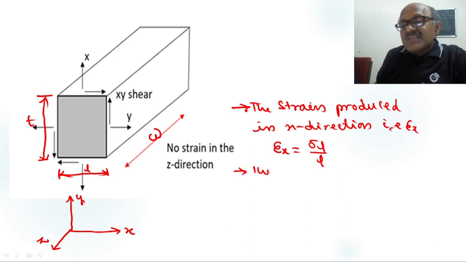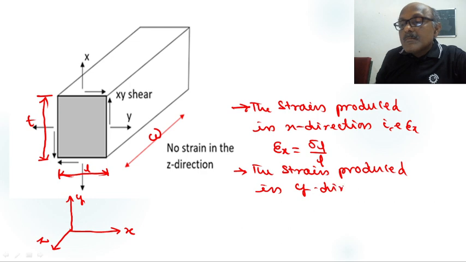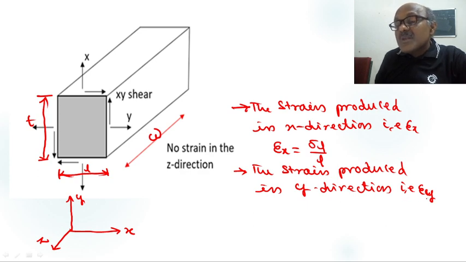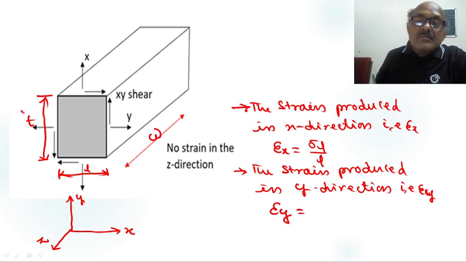Similarly, the strain produced in y direction is represented with epsilon y. What is the dimension in y direction, my dear students? Thickness. So epsilon y is change in thickness divided by original thickness.